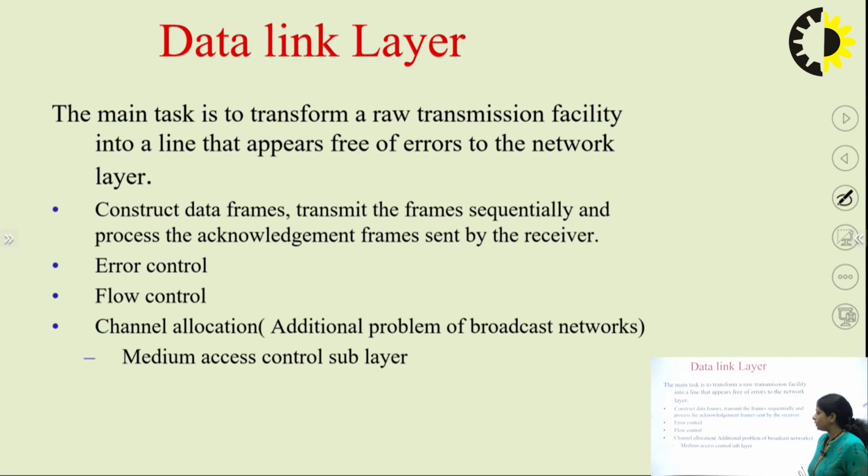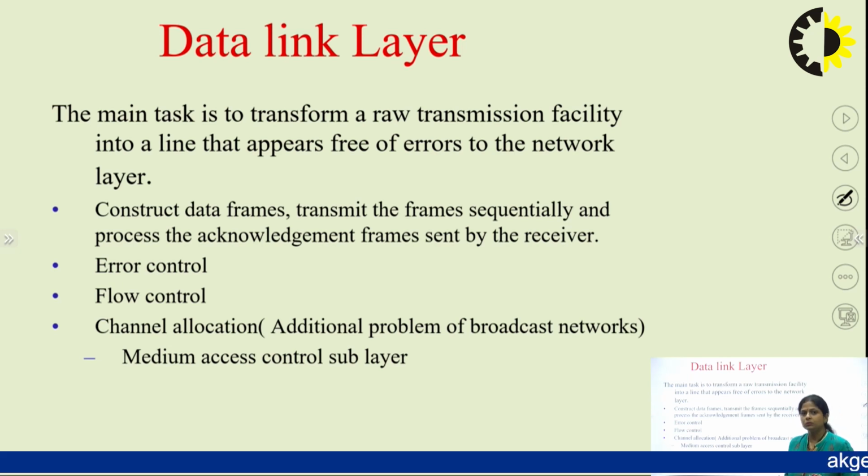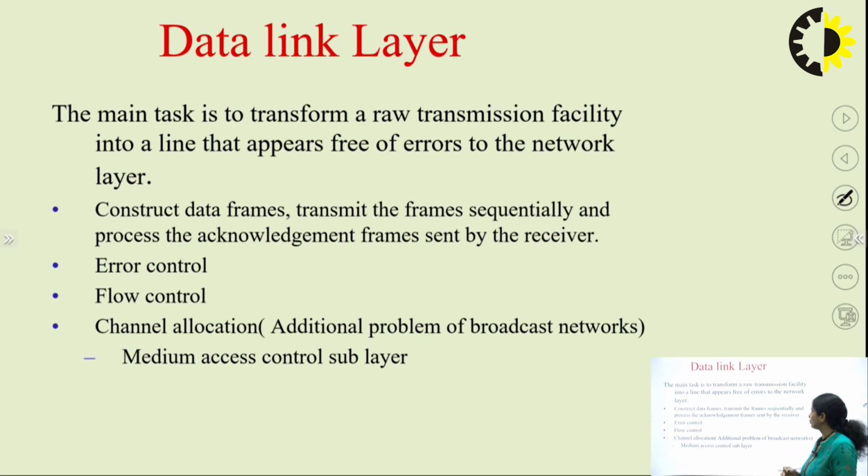What is channel allocation? That means this is the additional problem of the broadcast network. When multiple users want to communicate, who want to transmit some data over a network, then to whom will the priority be given, to whom will the permission be given, who can transmit? If multiple users simultaneously start transmitting data over a channel, what will happen?